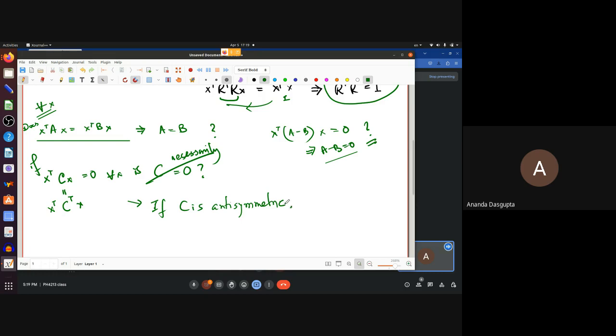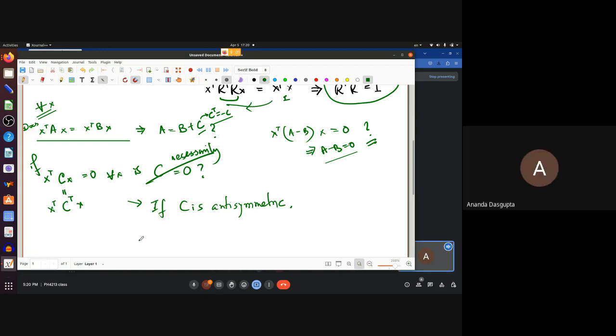By the way, even this logic is not precise at this stage, because all we have shown is that if C is antisymmetric, then X transpose CX will vanish. So you don't need 0; an antisymmetric matrix will do. For example, if A had been B plus C, where C is antisymmetric, this will definitely work. Is that okay?